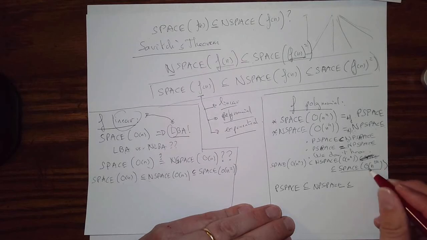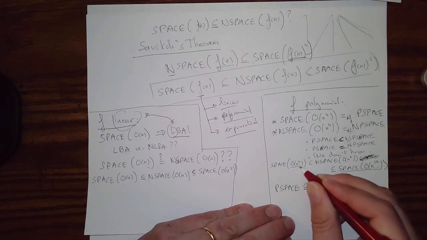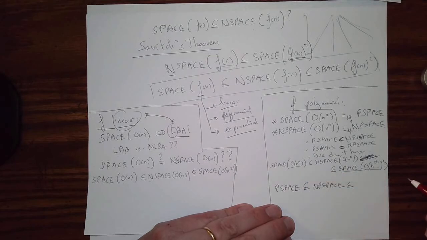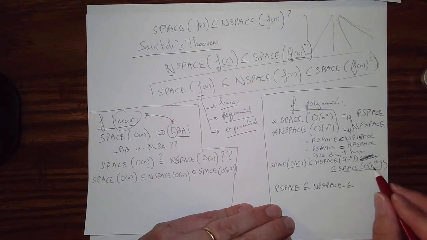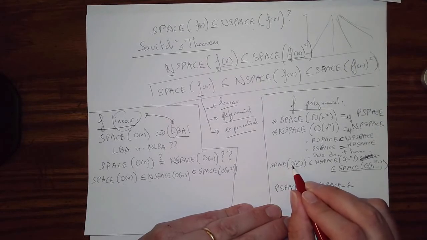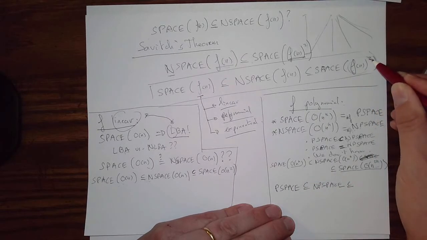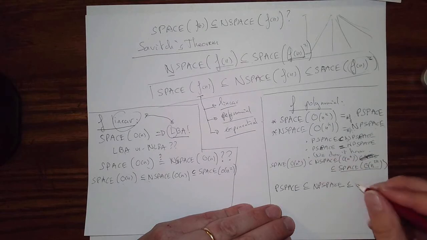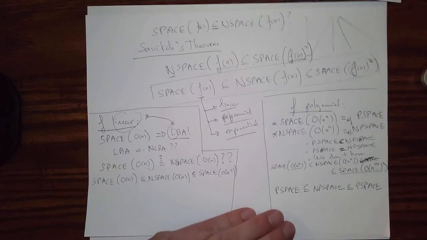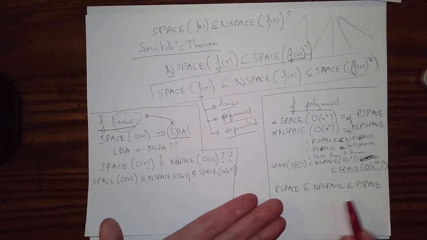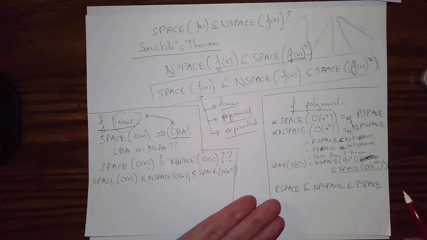There's no difference between n to the power of 2k and n to the power of k with respect to our asymptotic approximation, right? This is polynomial, this is polynomial, right? Just because polynomial times polynomial is polynomial. So this is PSPACE. So what I'm saying is that NPSPACE is basically between PSPACE and PSPACE.